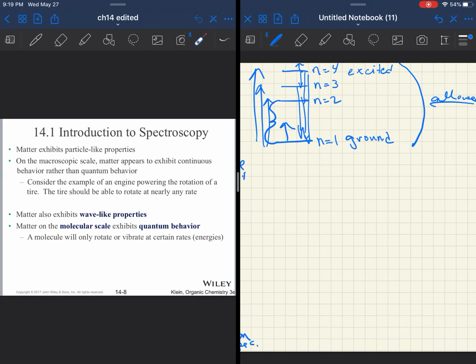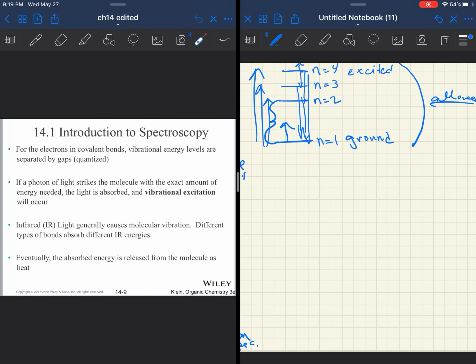But on the molecular level, we're going to see quantum behaviors. It would be as though your tire could either stand still, it could go 5 miles an hour, or it could go 20 miles an hour, and that's it, nothing in between. So the fact that matter exhibits these quantum behaviors is really helpful and allows us to study structure through spectroscopy.